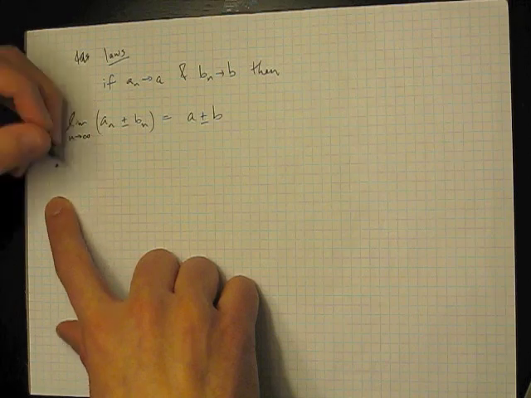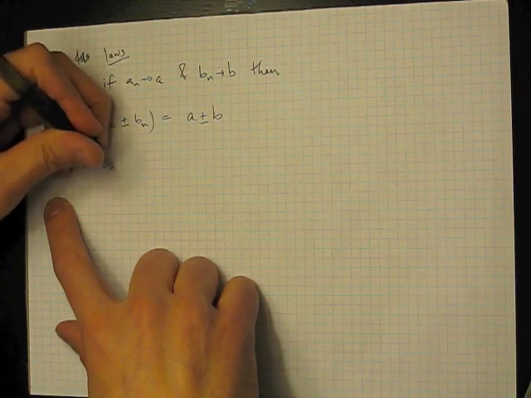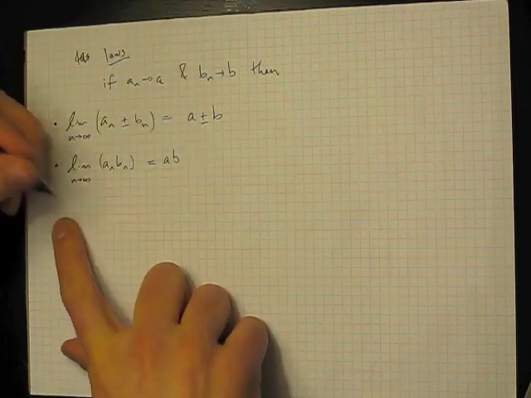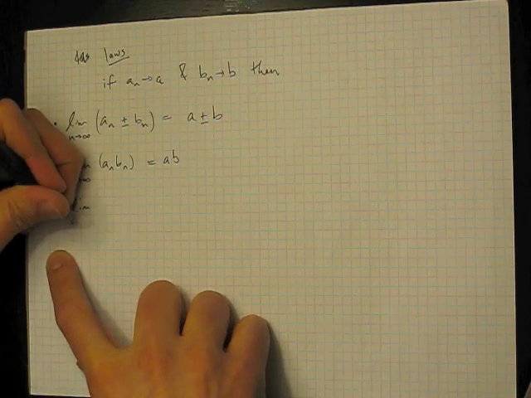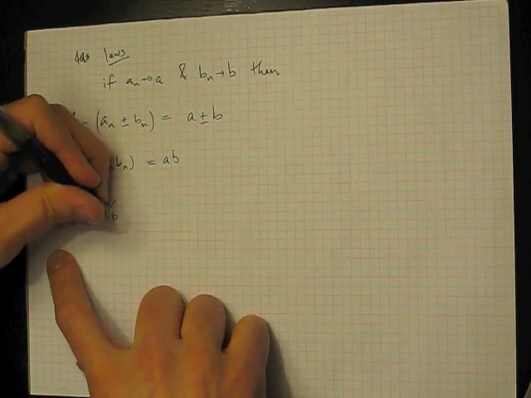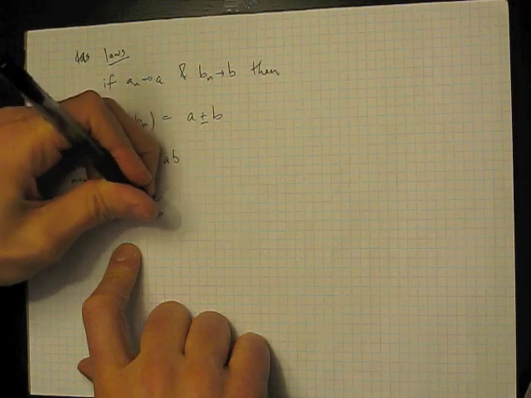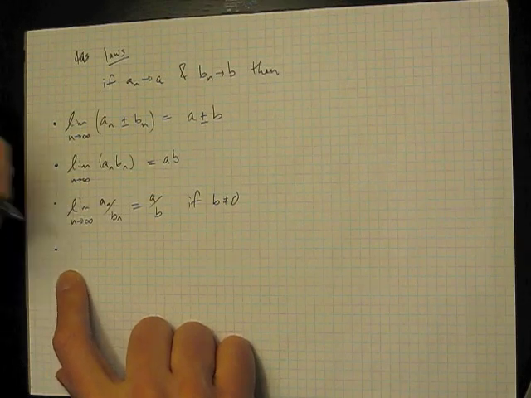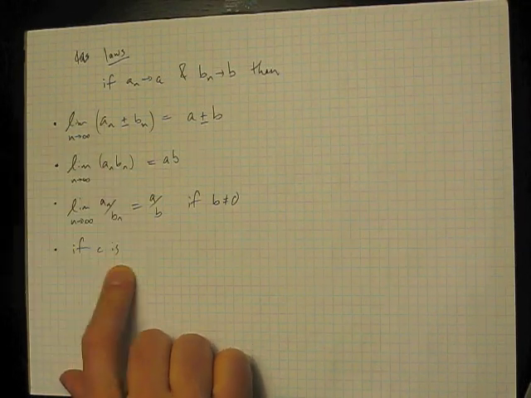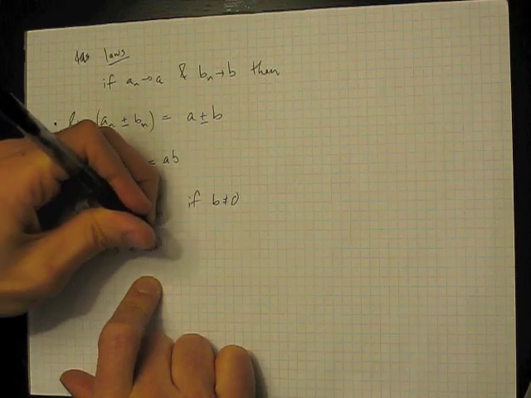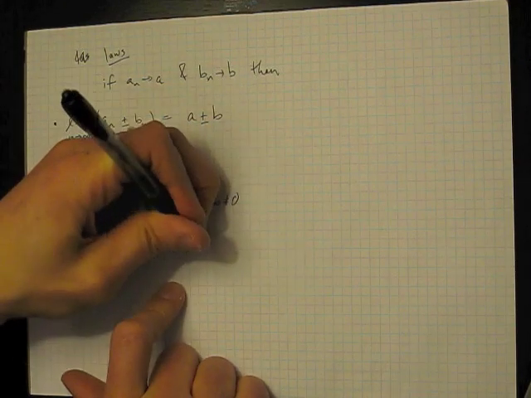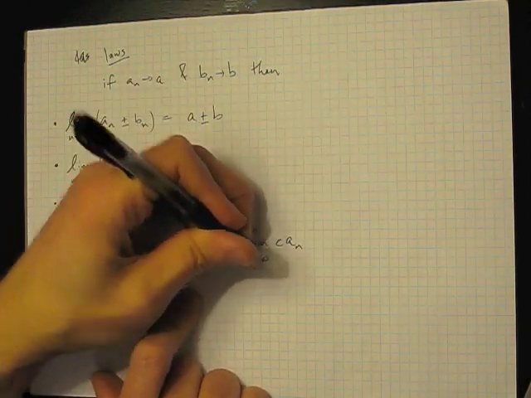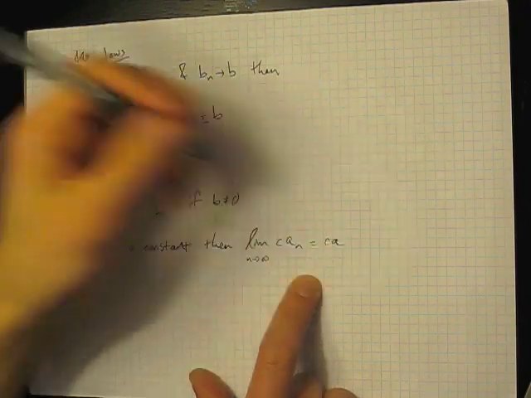So there's one law. If we have a_n times b_n, then this goes to the product. If we have a_n over b_n, then this goes to a over b, as long as b is not 0. Then we also have, if c is a constant, then the limit of c times a_n goes to c times a.